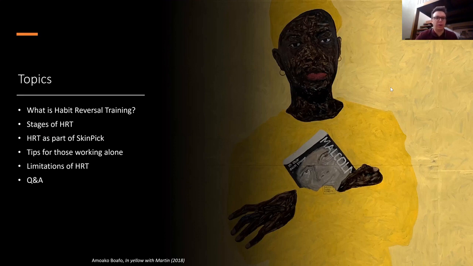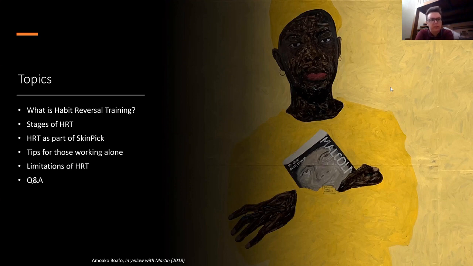So here's what we'll be talking about tonight. First we will define what habit reversal training is. We will talk a little bit about what it is used for and what you can hope to achieve with it. Then we will go through each stage of habit reversal training, and I will explain what the purpose of each of them is and how to work with it. We'll talk about habit reversal as part of the Skin Pick program.